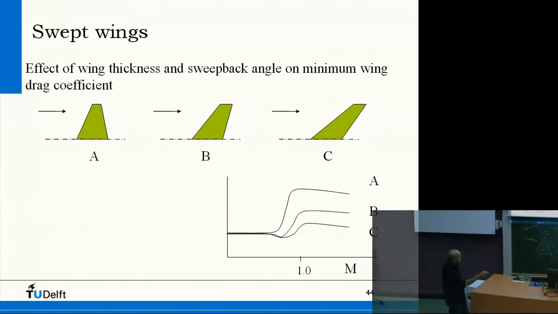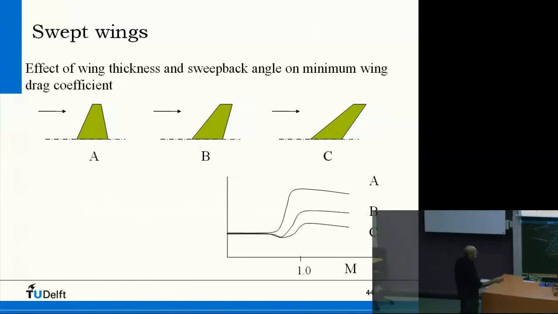In C, this 9% thick airfoil, which without sweep would have a very low drag divergence, is now having a drag divergence somewhere here. It goes from here to there, which is quite significant in terms of speed in cruise, and this is all because of the sweep.